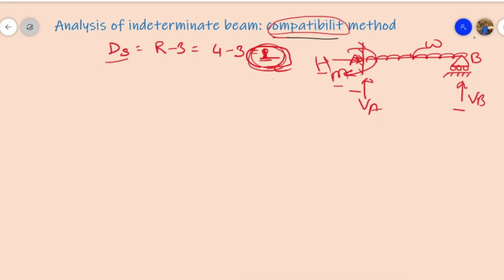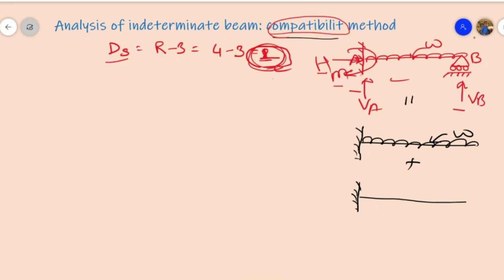If we want to break this beam into two parts, how can we do it? This beam equals one simple cantilever beam, something like this, loaded with UDL W, plus one cantilever beam with the reaction VB.